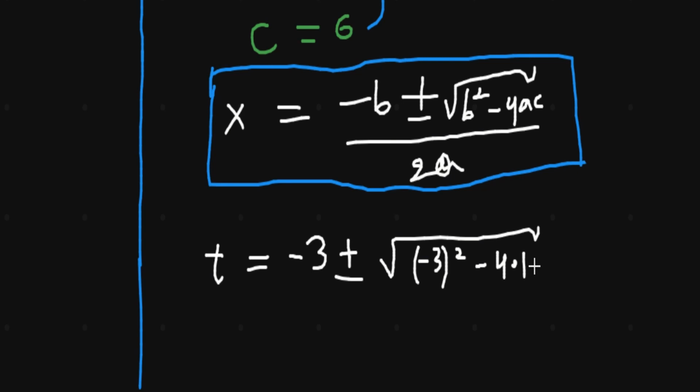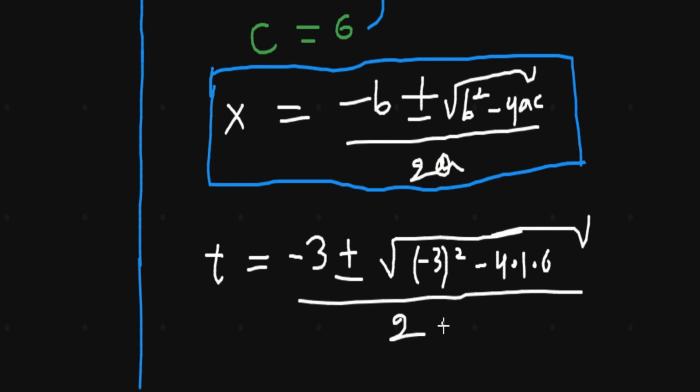The value for a is 1 and c is 6, by 2a here. 2 into a is 1 here.